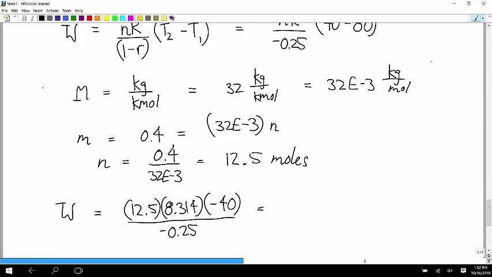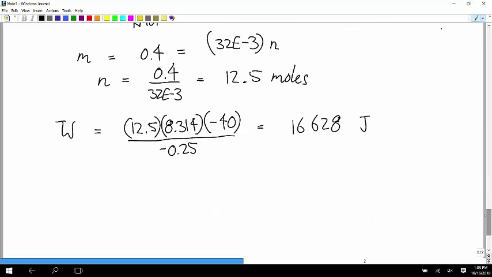And what do you get for this? 16,628 joules. Does it make sense that that's positive? Yeah, because it's expanding. Any questions about that part?